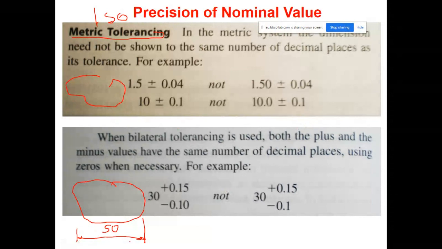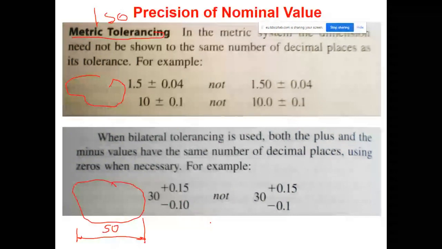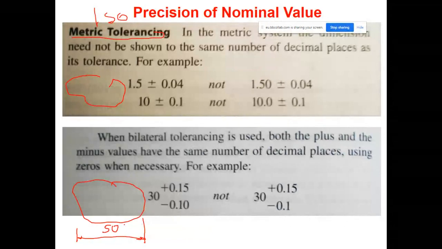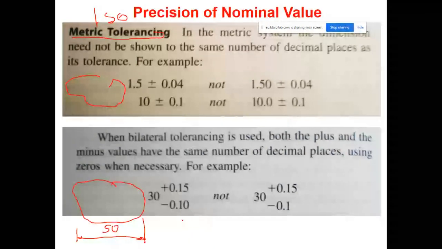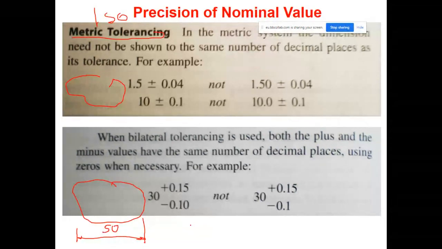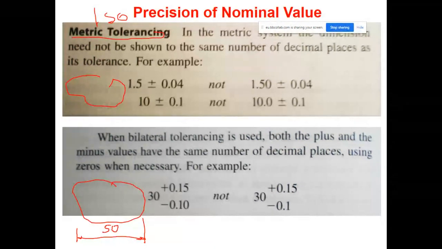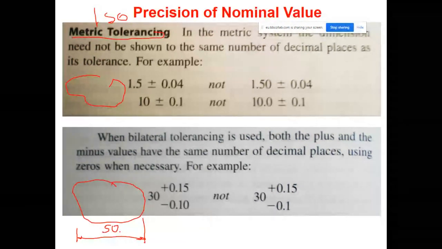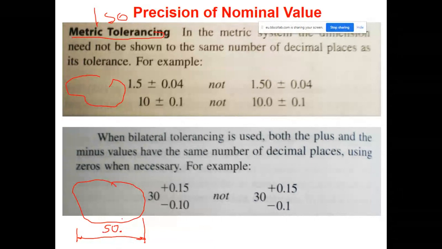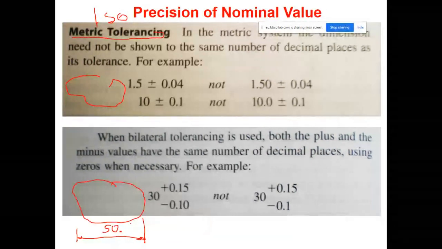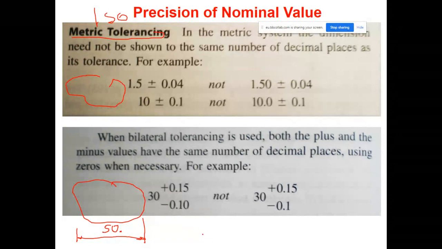Writing the nominal values, well, in the case whether we need to write the integer part of the size or together with its decimal portion, decimal place. That is the question. Whether the nominal dimension is to be written as an integer or, after putting a dot, show the significant figures at the decimal part.